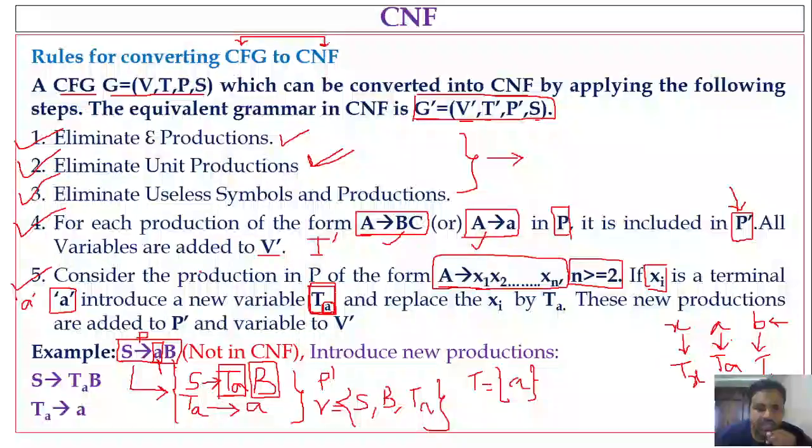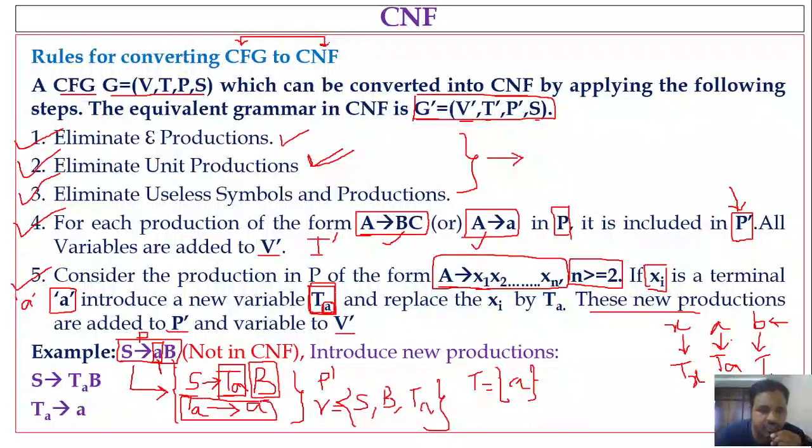So here each xi is a variable, so that xi is going to be replaced with a new variable t base a, okay, ta, and add the new productions to P dash and variables to V dash. So whatever the new productions that we add, that will be added to P dash and variables will be added to V dash.